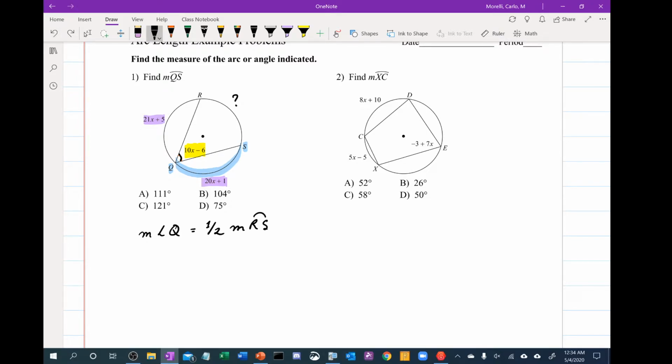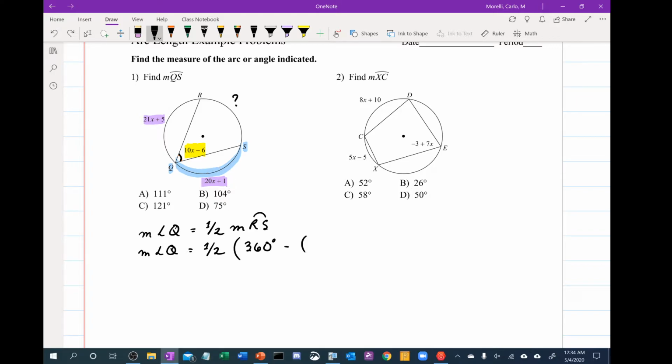Okay, so we're going to write this out. The measure of angle Q is equal to 1/2 open parentheses 360 degrees minus the sum of these two arcs.